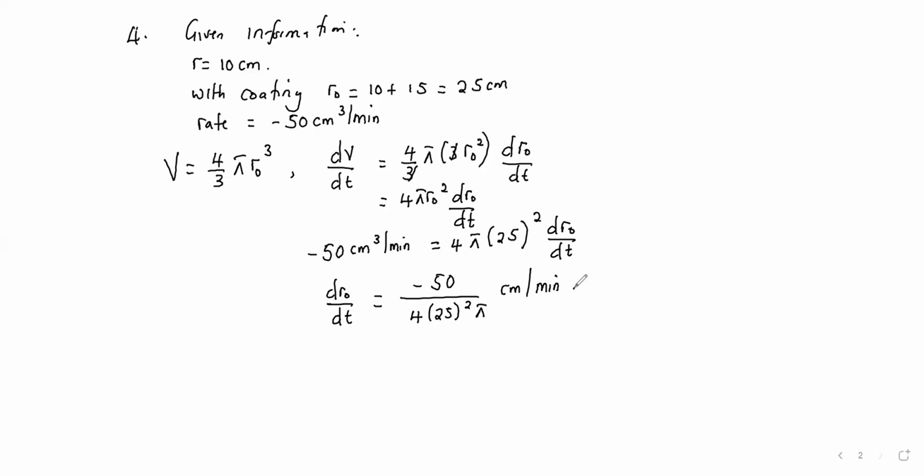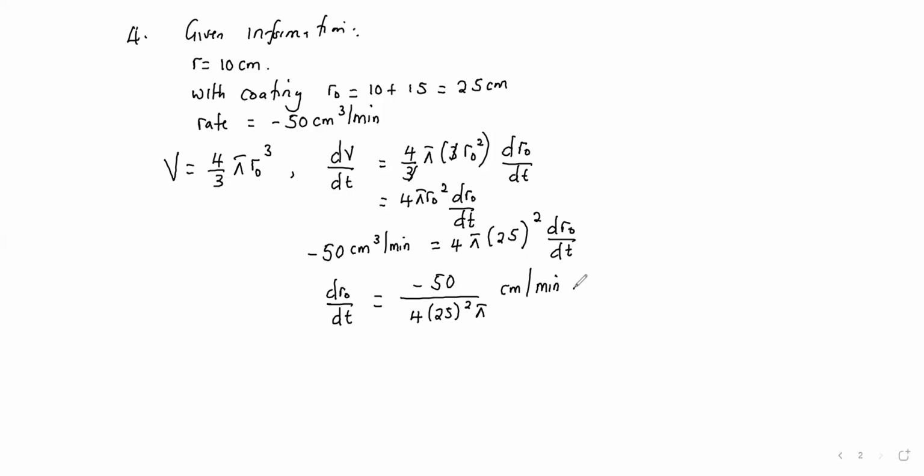What made it increase? So the 15 has to be added to 25 so it can make sense to decrease at 15. So that's why the R naught remains fixed as the volume is changing. I hope that it does make sense.